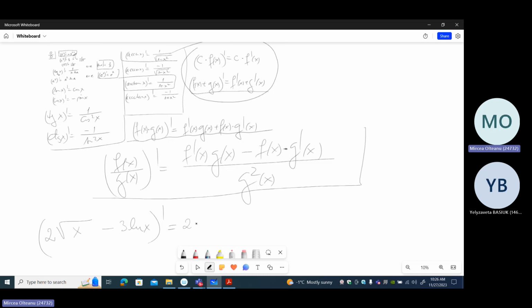So we shall get 2 times the derivative of square root of x minus 3 times the derivative of logarithm of x. And now these derivatives must be known by heart from our table. So it is 2 times 1 over 2 root of x minus 3 times 1 over x. Here we simplify and we get 1 over square root of x minus 3 over x. So the derivative of this function equals 1 over square root of x minus 3 over x.